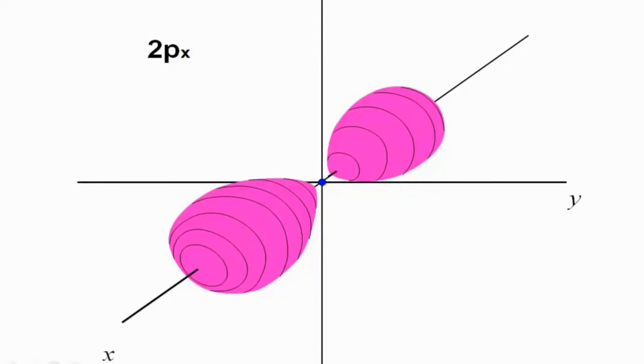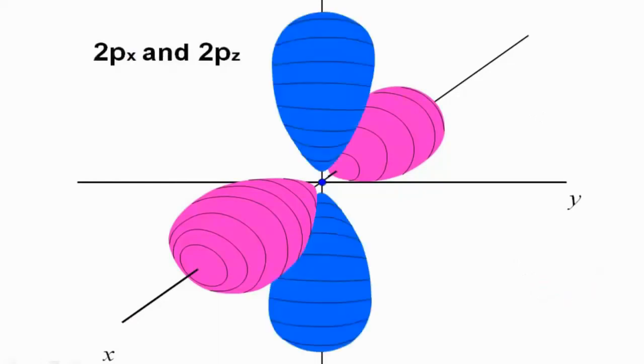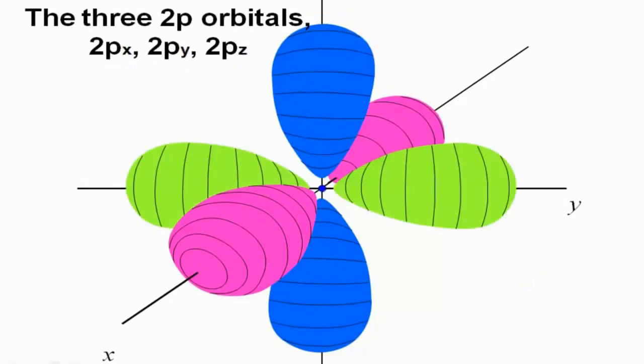But what if we need to accommodate a 6th electron, which would be carbon? Carbon has a total of 6 electrons. Well, that could go into the 2pz orbital. And then what about nitrogen? The 7th electron that nitrogen has could go into the 2py orbital.